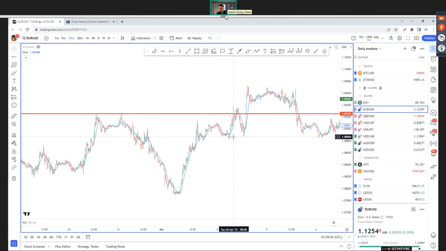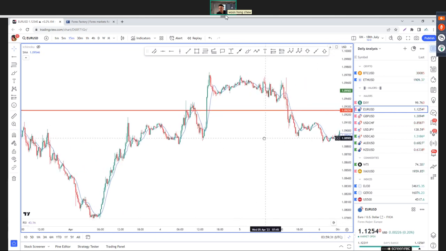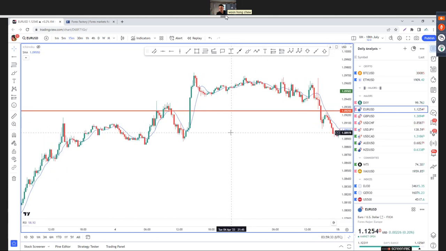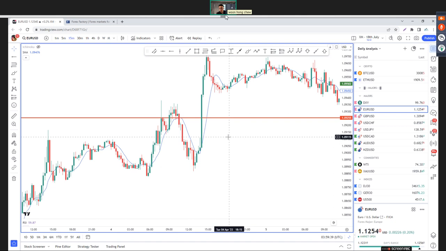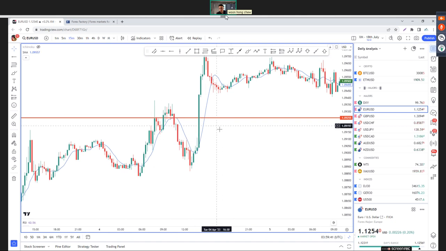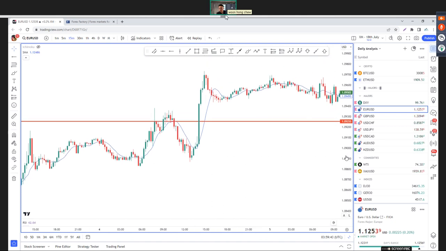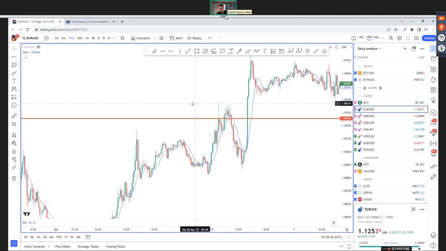Let's say for this trade, body close, retest.